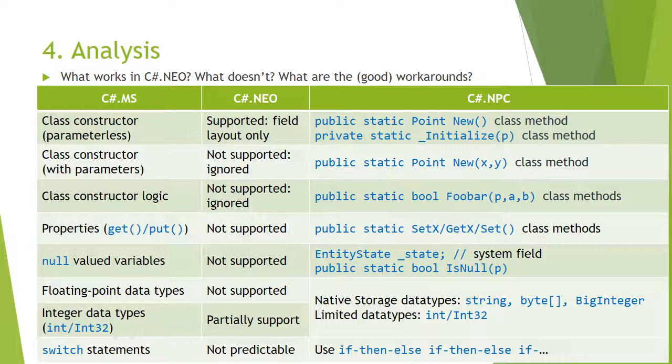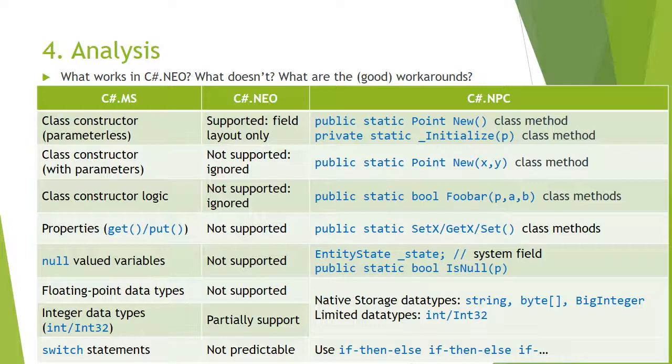When it comes to data types, floating point is not supported, and integer data types I put partially supported. When I think of the native C#.neo data types, it's really string, byte, and big integer. I say it's only those three because those are the only three supported from a Neo storage perspective, the ability to store values on the blockchain, the state of the blockchain.